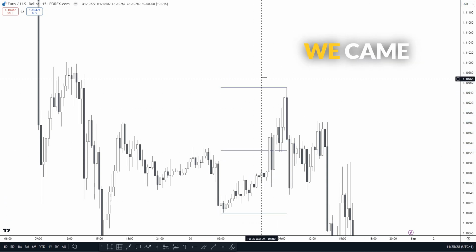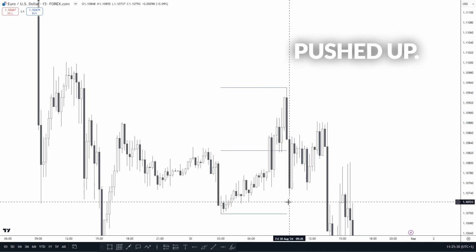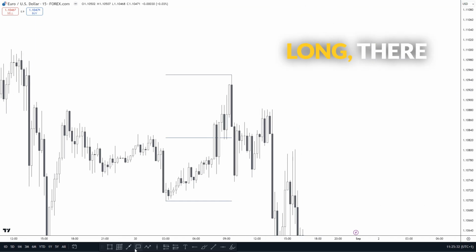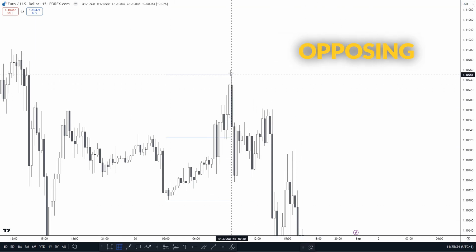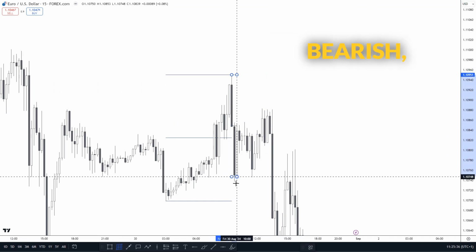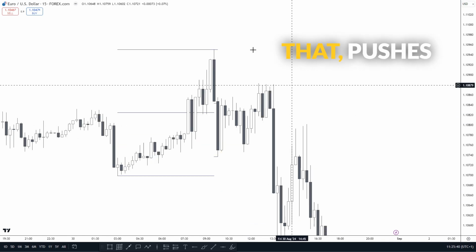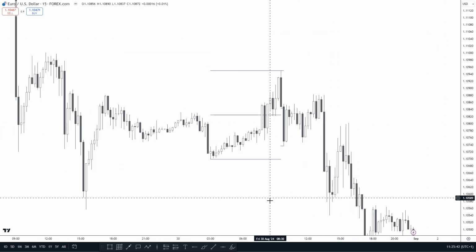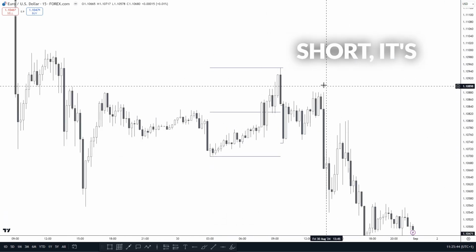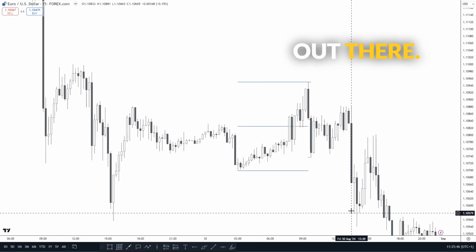This was going up. We came in to the discount and pushed up, enough for a long. There was also the opposing bearish range here. Price comes up, taps into the premium of that, pushes down. You take a long, it might have worked out. You take the short, it's definitely worked out there.